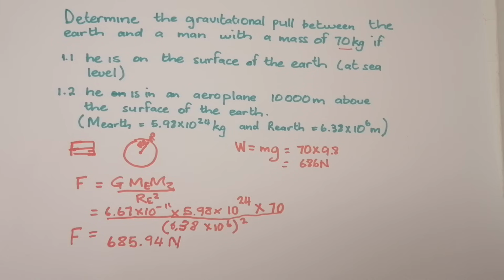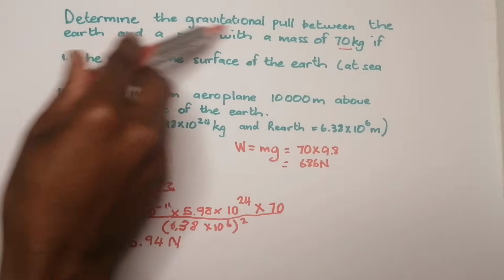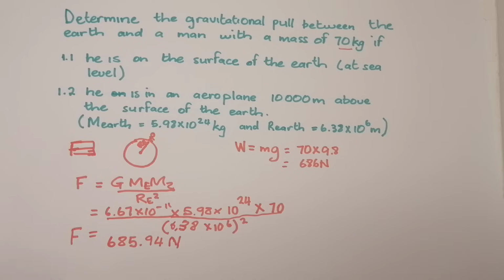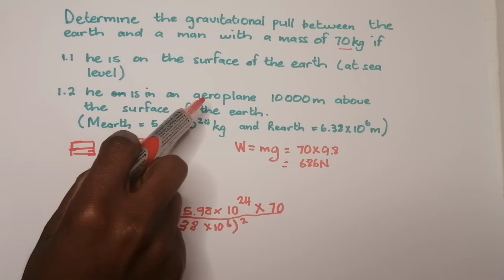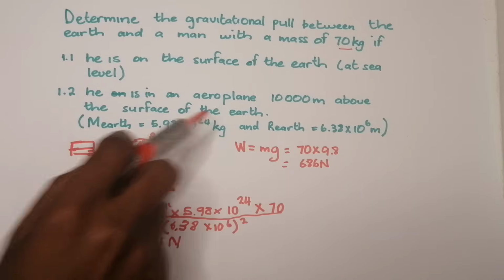All right, now they say we want the gravitational pull between the earth and the man with a mass of 70 kilograms, if now he is on an aeroplane which is 10,000 meters above the surface of the earth.